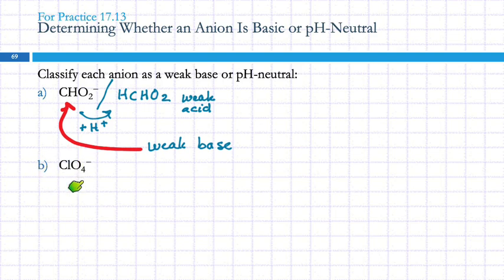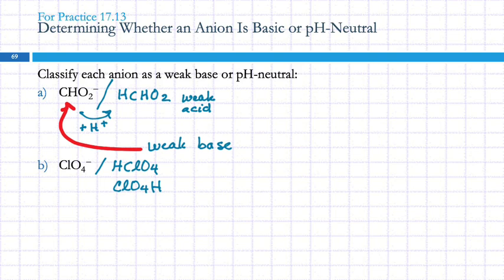What's the conjugate acid of this anion? HClO4. Just going to add a hydrogen ion. Well, in one of the earlier examples, we added the hydrogen ion to the end. So what if we wrote ClO4H? Hopefully we'd look at that and say, that's weird.